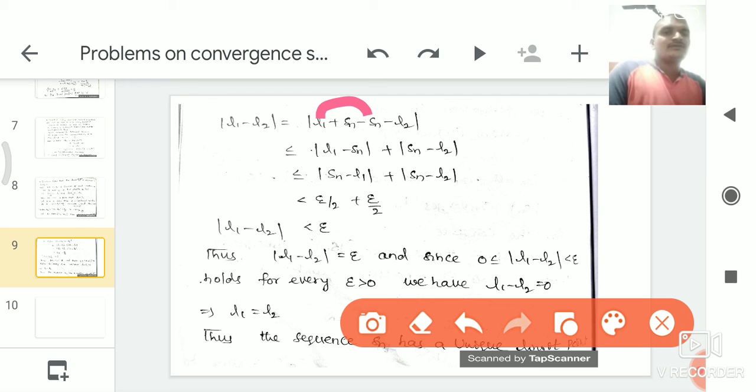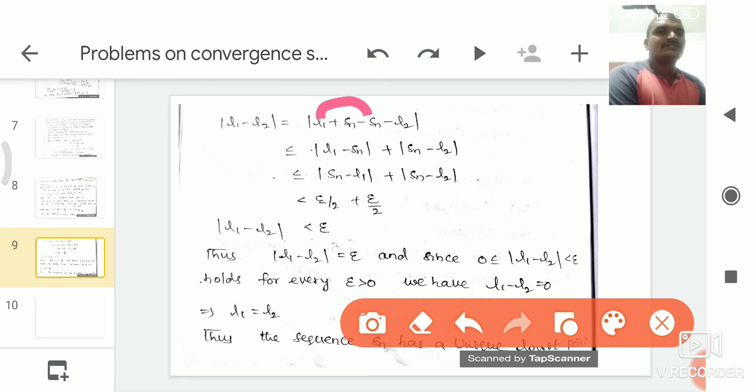Since 0 is less than or equal to mod L1 minus L2, which is less than epsilon, and epsilon is greater than 0 (as we already considered), mod L1 minus L2 lies between 0 and epsilon.